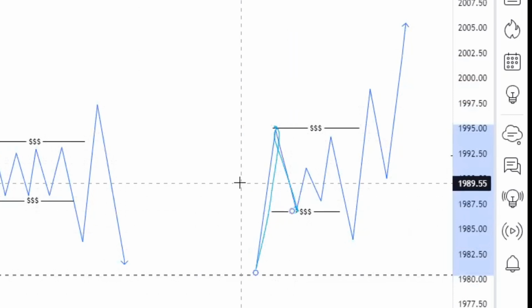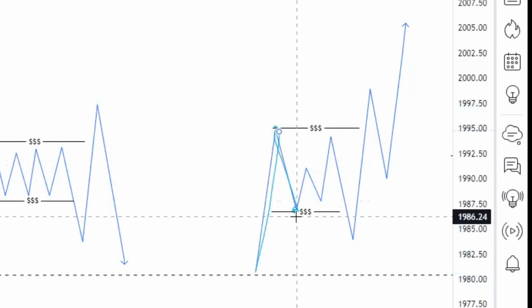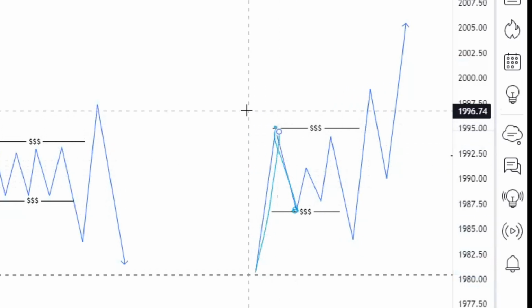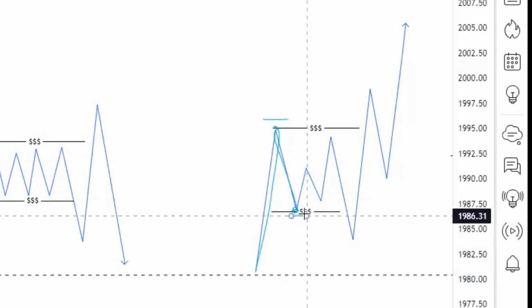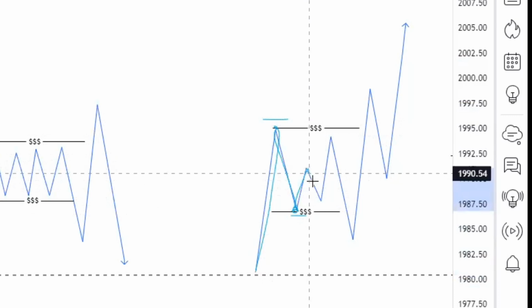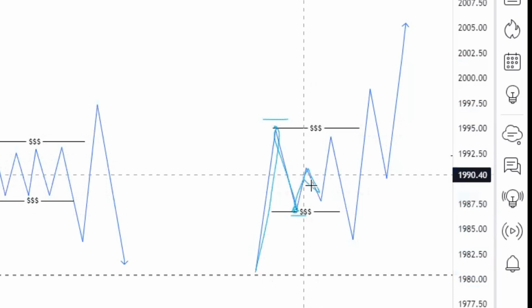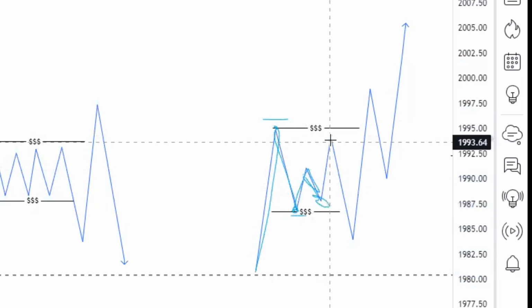If you've been following me from the beginning of this video and from my previous videos, you understand that whenever we see a high and a low, we know there's buy side liquidity above the high, and we also have sell side liquidity below the low. So price formed this low, then formed this inner high, this higher low over here, and then formed this high again.